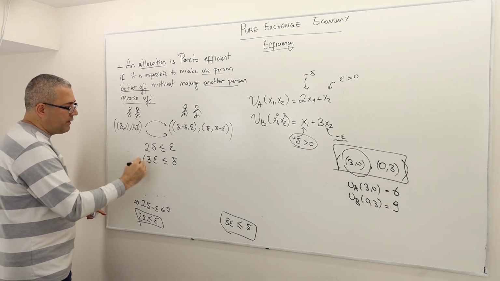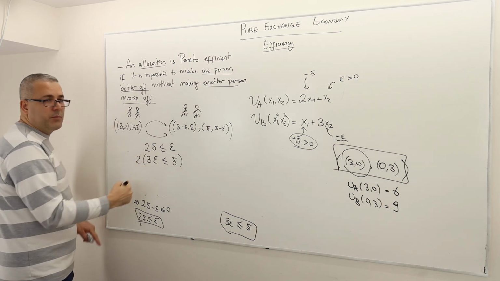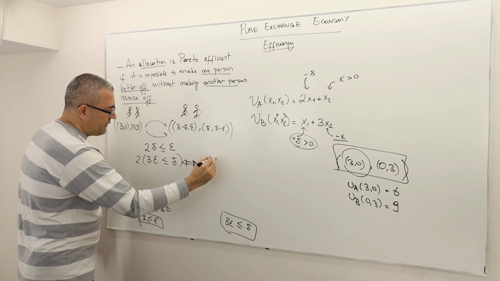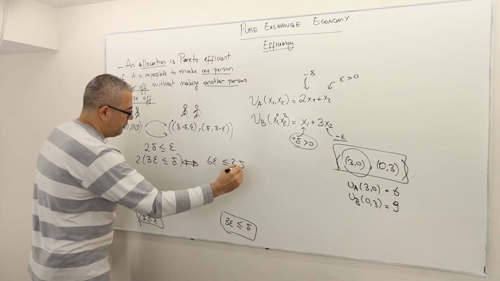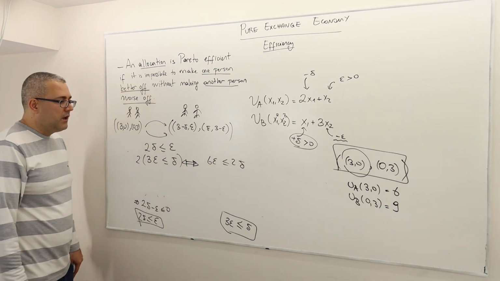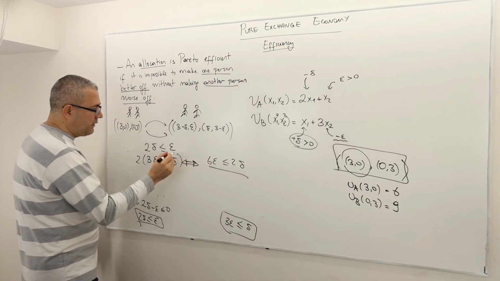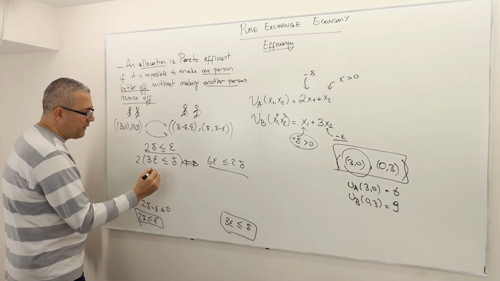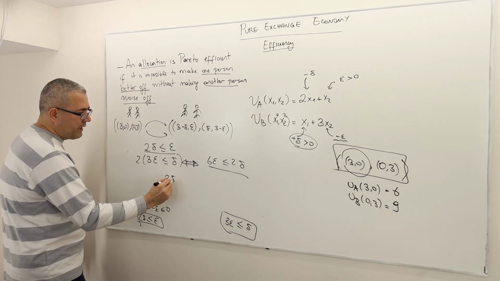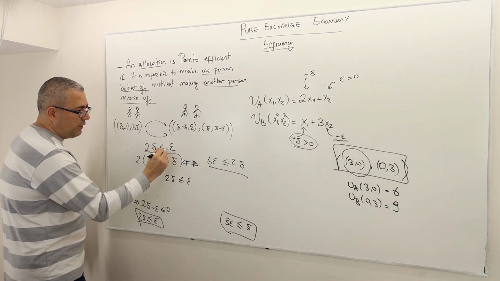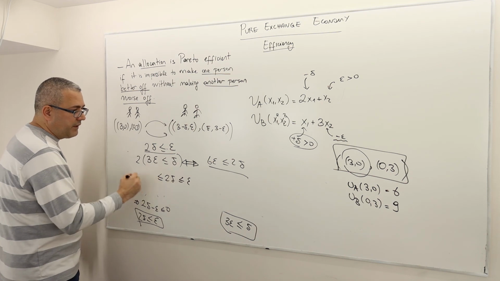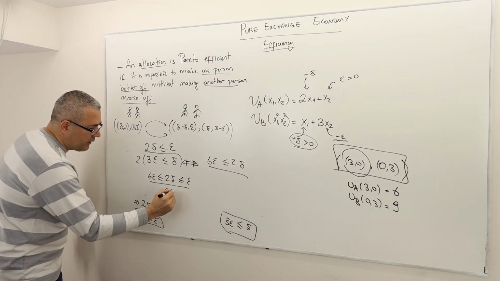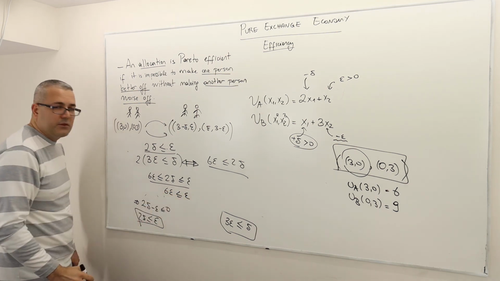How so? For example, multiply both sides of the second by 2. So basically this is equivalent to 6 epsilon less than or equal to 2 delta. Agree? So what does that mean? The second one and the first inequality together imply the following. Remember, 2 delta is less than or equal to epsilon, but 2 delta is greater than or equal to 6 epsilon. Which means 6 epsilon is less than or equal to epsilon.